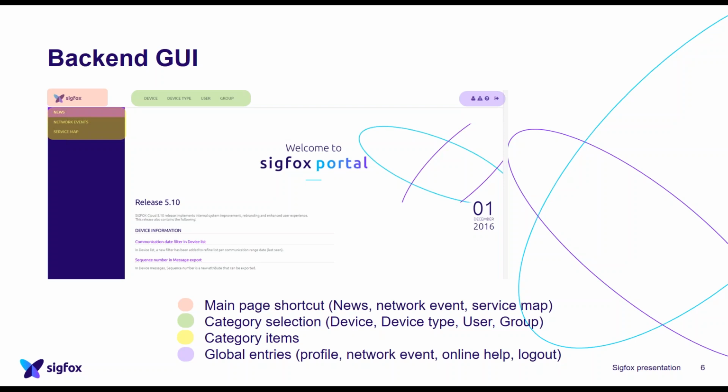Then you have a tab interface with the different portions of the backend that you can access. And for each different category, you have different category items. You have also a global entry point where you can see your login profile, you can see the different events, and log out.